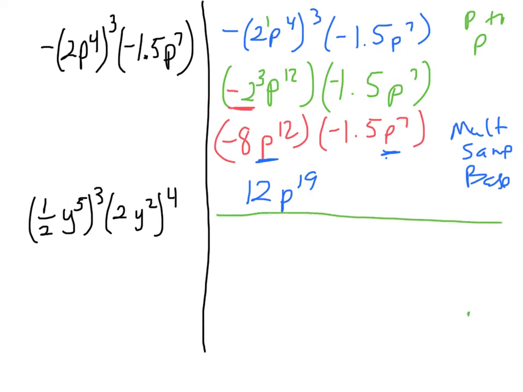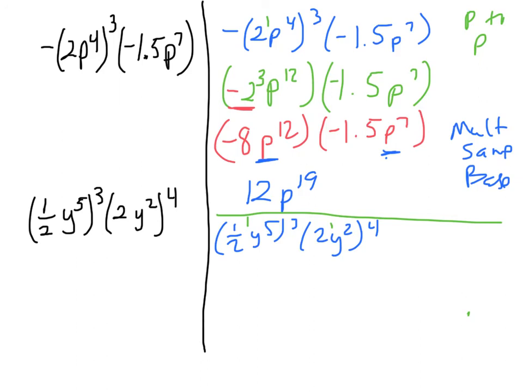And so we have 1/2 y to the 5th cubed times 2y squared to the 4th. Once again, I see that I have exponents on the outside, so I need to go in and put in exponents on the inside.